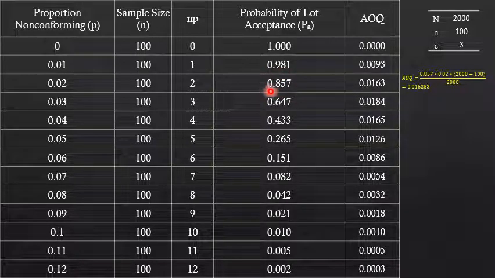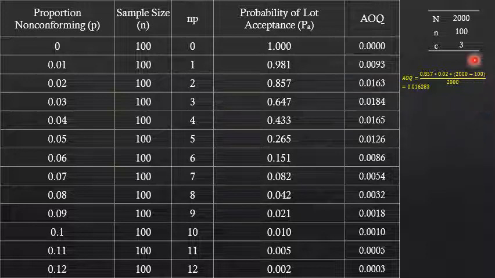This table I will show at the end of the video. After that comes the AOQ column, and the formula of AOQ we already know. Here is the sample calculation for p equal to 0.02: AOQ equals 0.857, that is PA, multiplied by 0.02, multiplied by (2000 minus 100) divided by 2000.